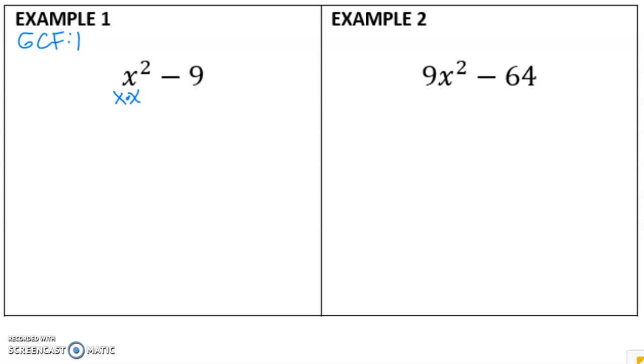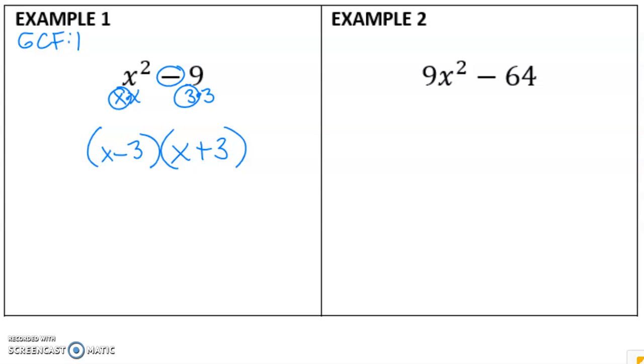So this is x times x, that's a perfect square. This would be 3 times 3. And it's subtraction. That's really important. This doesn't work for the sum of two squares. It has to be subtraction. If I know that, then I know my factors. So we're going to have x minus 3 times x plus 3, and I'm done.